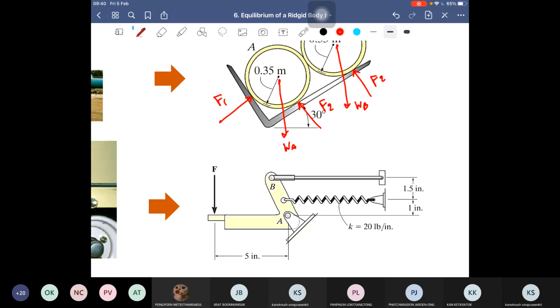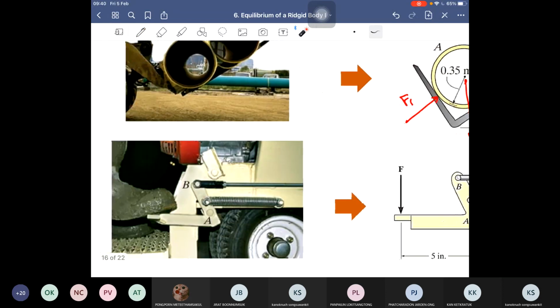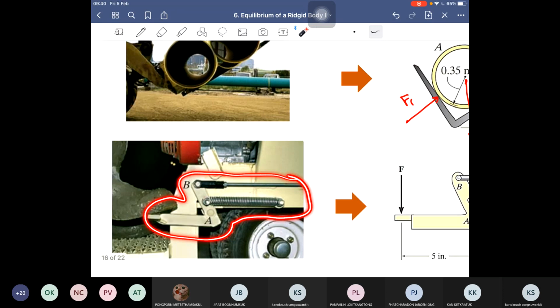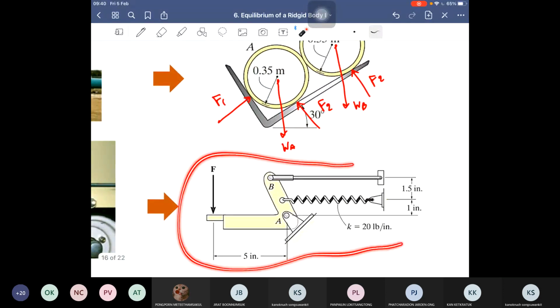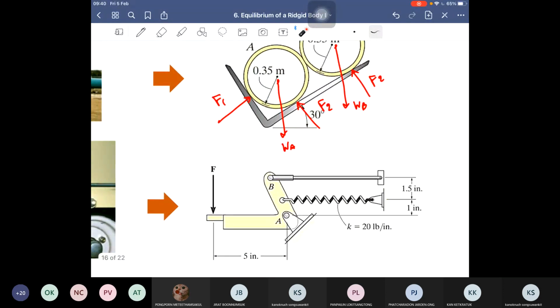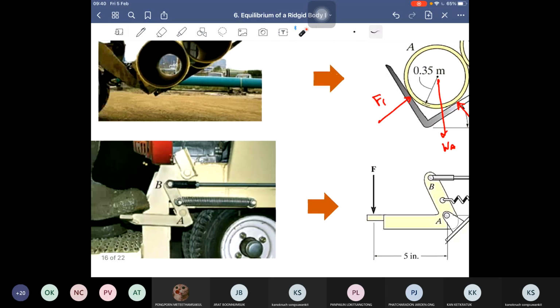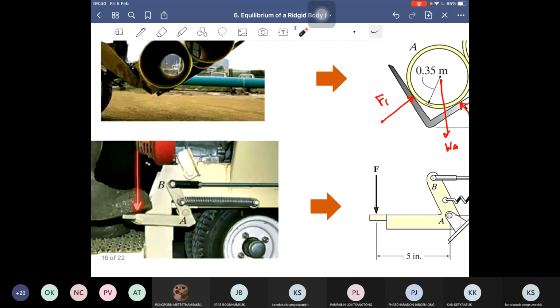Okay, another example is the foot lever shown in this system. So let's simplify this system by drawing the figure as shown on the right-hand side. You can see that the driver exerts the force perpendicular to the pedal in this direction.